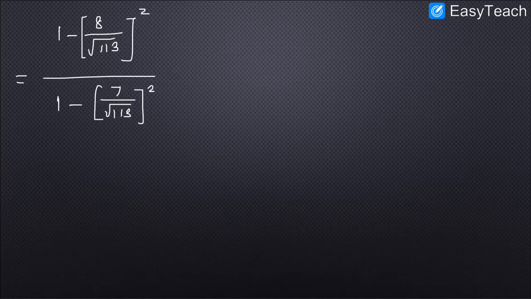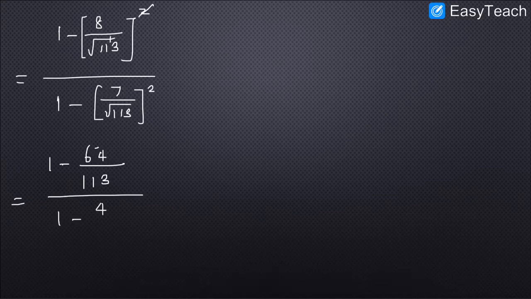Let's do it in the next step: 1 minus 64 by, so root and square will cancel out, so you can write 113 directly. Divide by 1 minus, 7 sevens are 49, divide by 113.